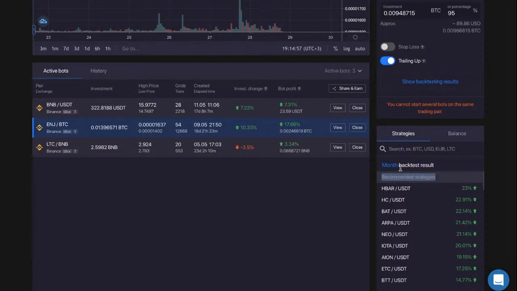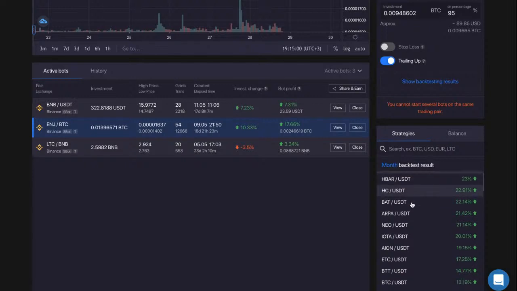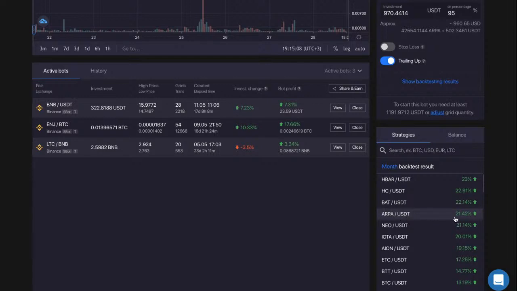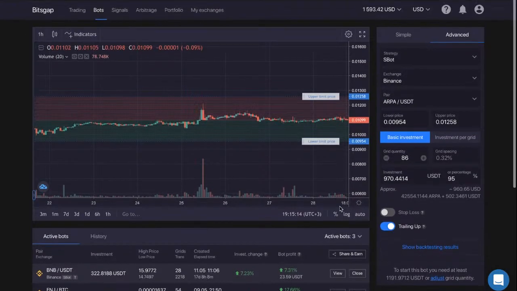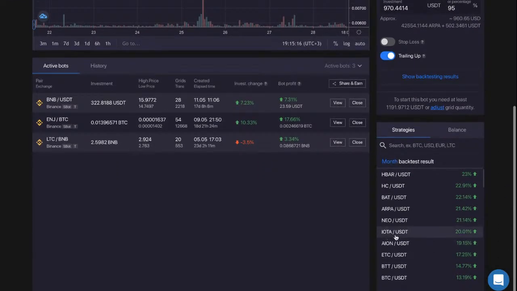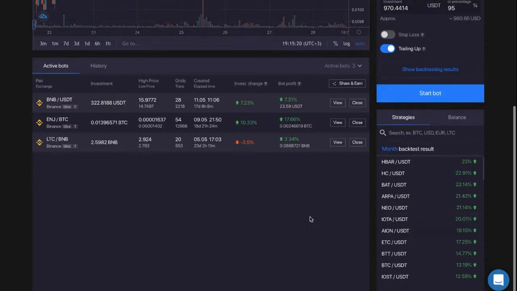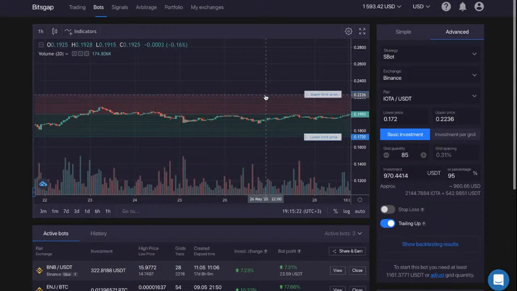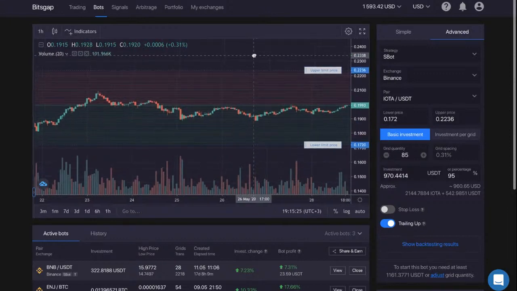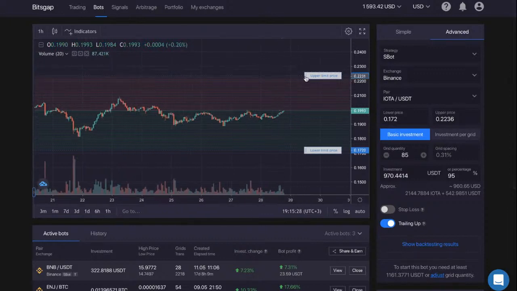So based on these historic prices, you see that it has revealed some of the cryptocurrency pairs that you can trade today. Let's say ARPA to USDT, it has made 21% within the period of 1 month. And when you click on it, and maybe we can click on IOTA trading to USDT, you see that the system automatically places the trading range for you, and the trading range here is defined by the upper limit price and the lower limit price, which you can actually set manually if you want, like this.